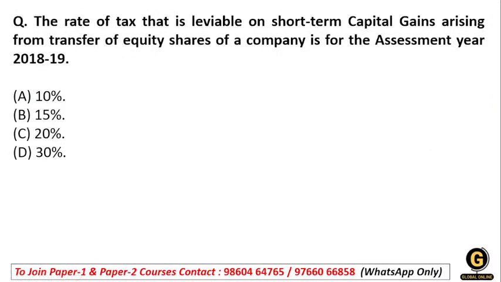Then the next question. The rate of tax that is leviable on the short term capital gain arising from transfer of equity shares of a company is, in the assessment year 2018-19... Whenever we talk about short term capital gain, in short form we say STCG.